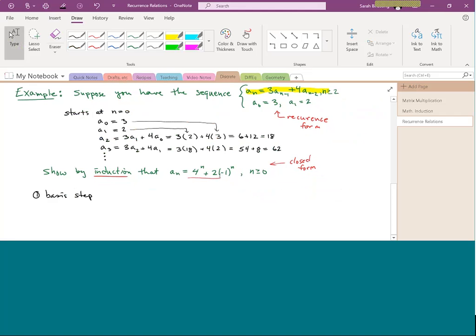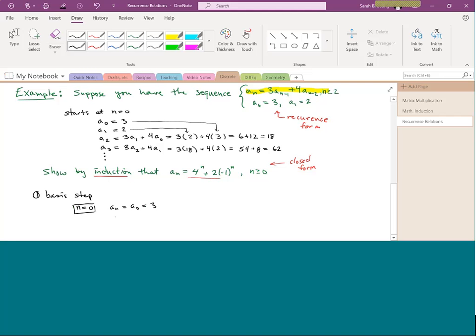Okay? So if we look at the very first term in our sequence, this is when n equals 0. Well, if n equals 0, a_n would be a_0, or 3. So that would be our left-hand side.